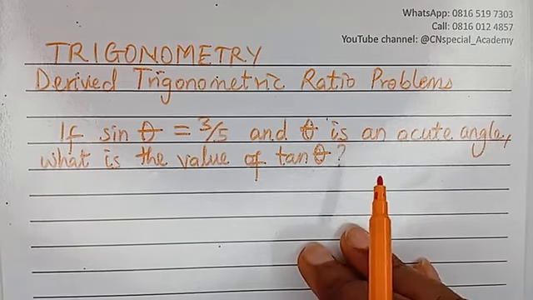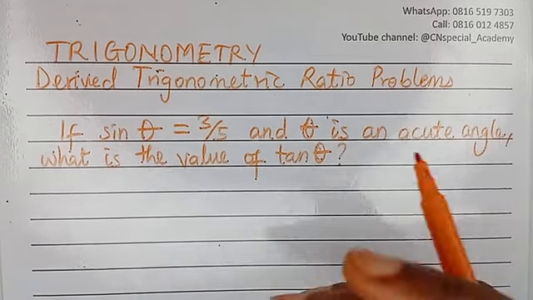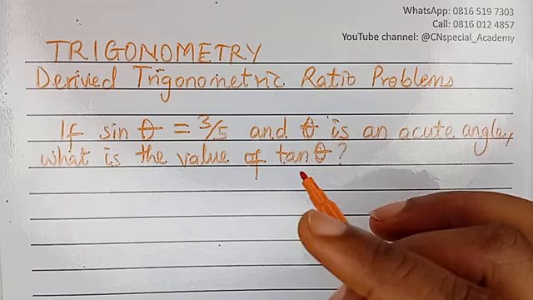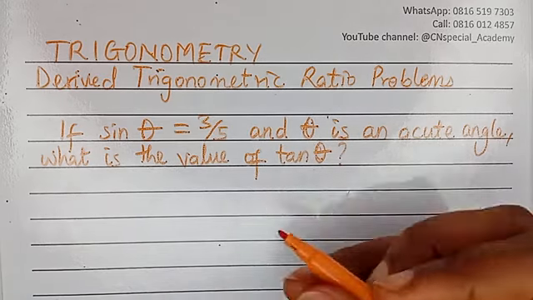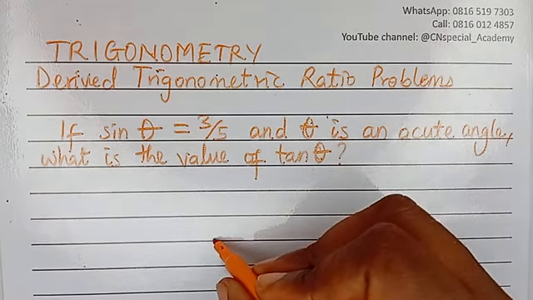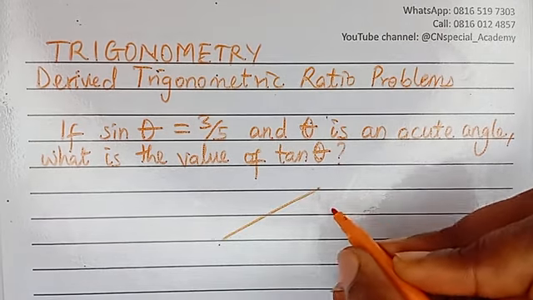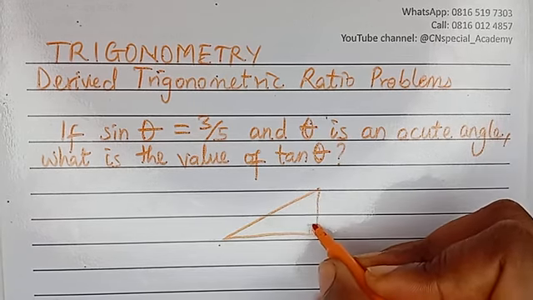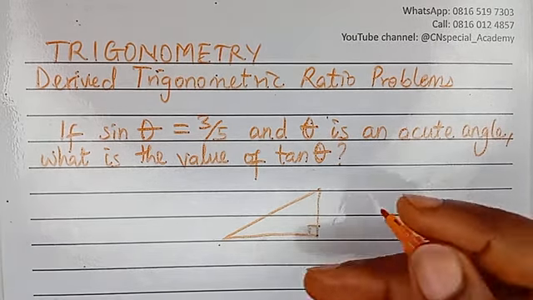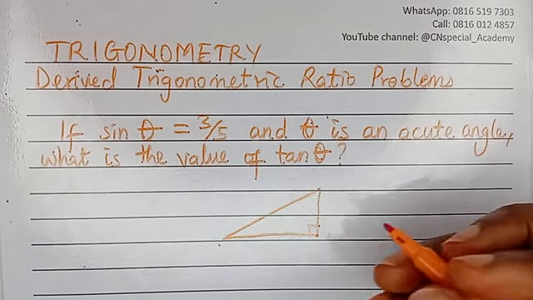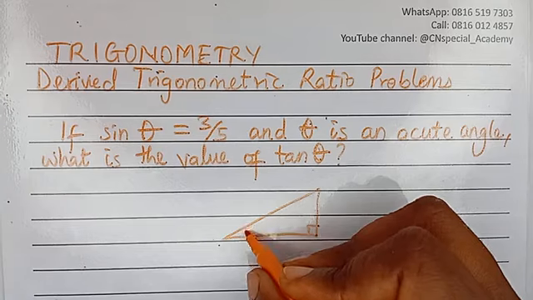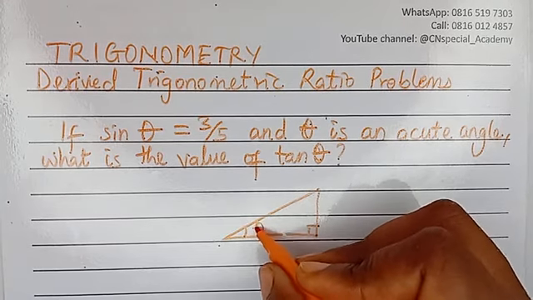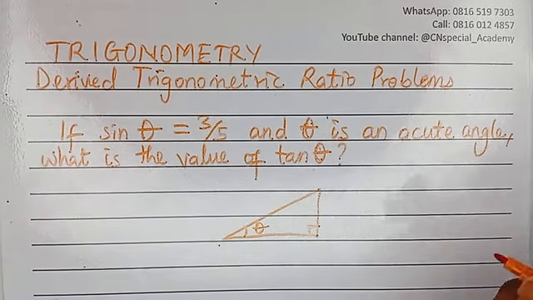Okay, so for this we said it's derived because for the solution we have to draw a right angle triangle. When we draw a right angle triangle, we assign theta to any side of the triangle.